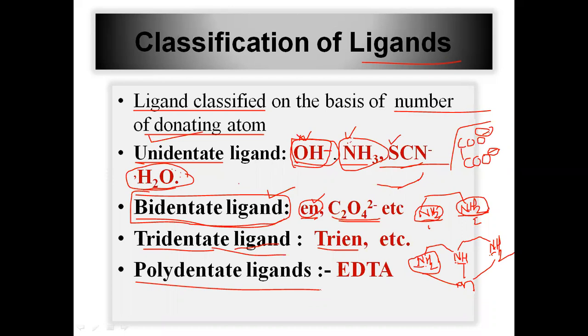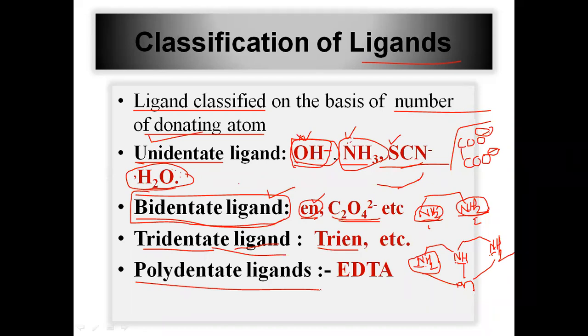We just classify as monodentate, bidentate, and finally polydentate ligand. Polydentate ligand simply has more than 2 donating sites, so they are classified into the polydentate ligand.